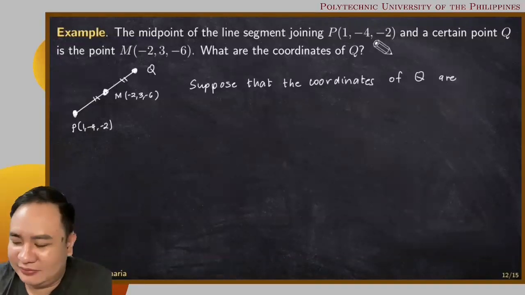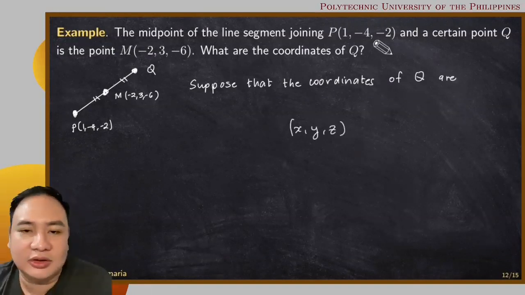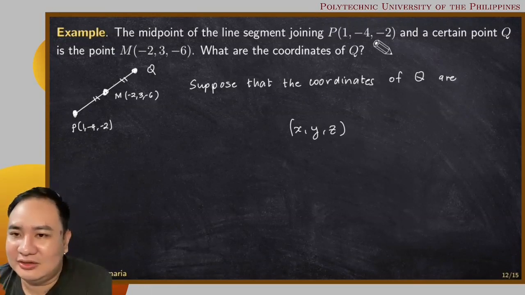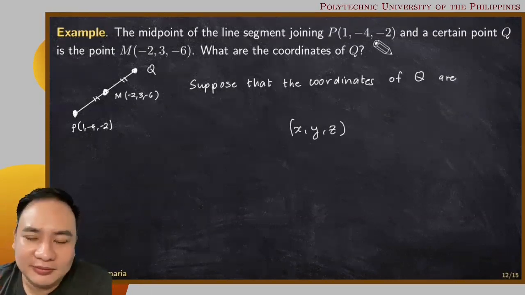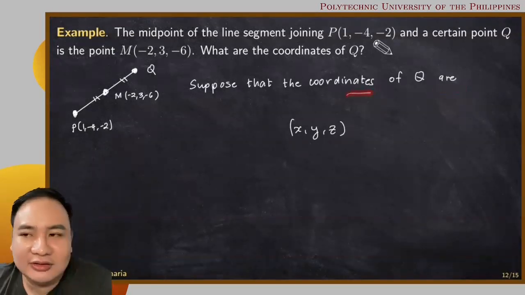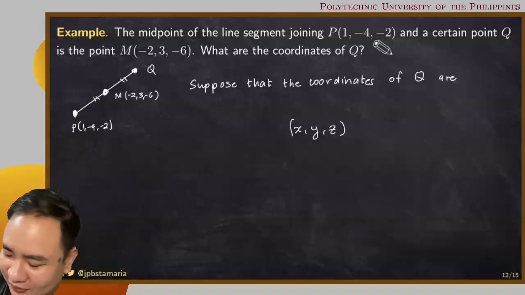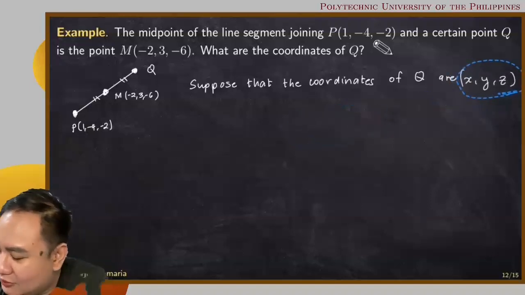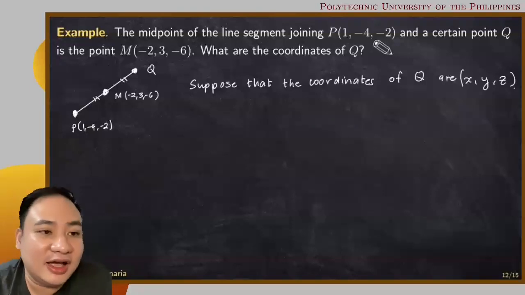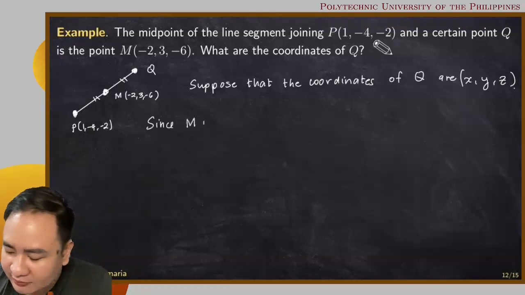Nalilito ako dyan. Yung XYZ ba, is this the coordinate of Q or the coordinates of Q? Ano ba tamang grammar? Ay, nako, kahit ano. Basta pag coordinates are, kapag coordinate is. Whatever. So let's just put it there. Kunwari XYZ yan. No.